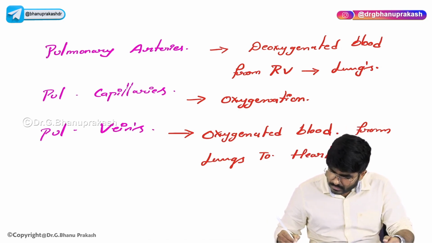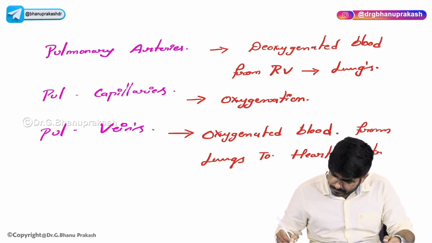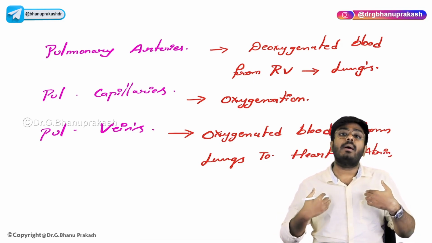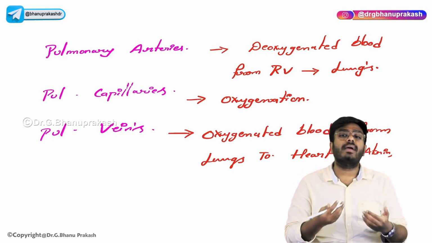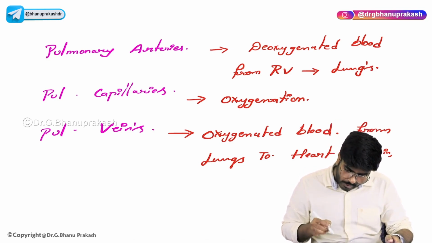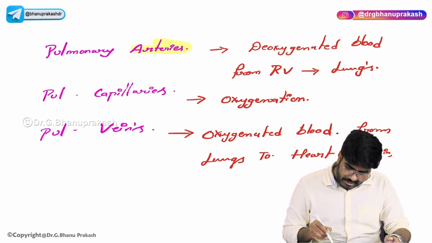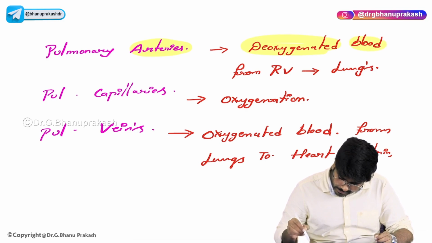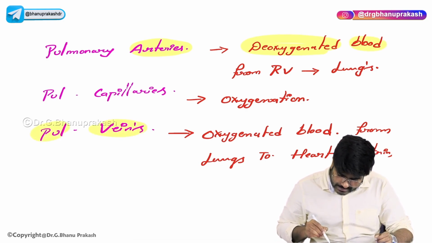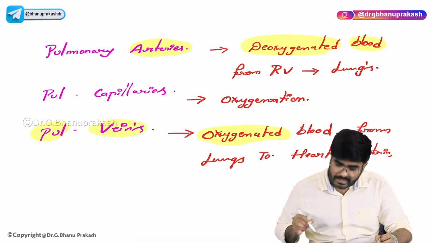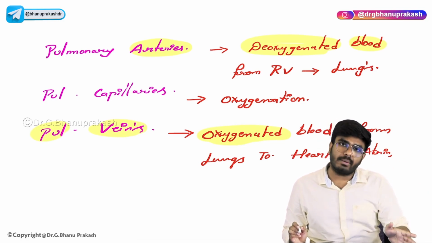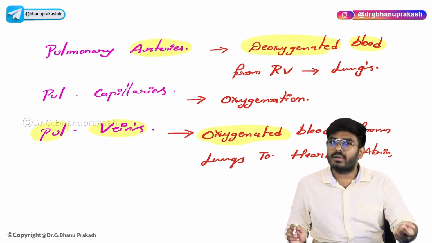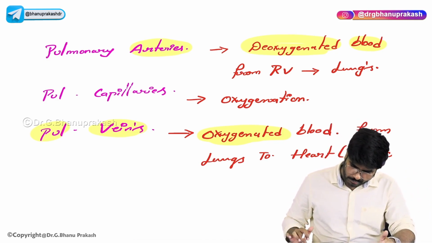Which heart? Left atrium. Okay, so from the lungs the oxygenated blood will come to the left atrium via the pulmonary veins. So what is the important point? The exception is here: pulmonary arteries are carrying the deoxygenated blood, but pulmonary veins are carrying the oxygenated blood. But everywhere else in the body, veins will carry deoxygenated blood and arteries will carry oxygenated blood. This is the exception which you need to know.